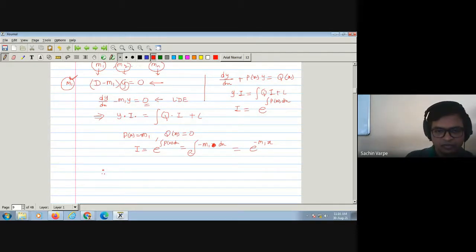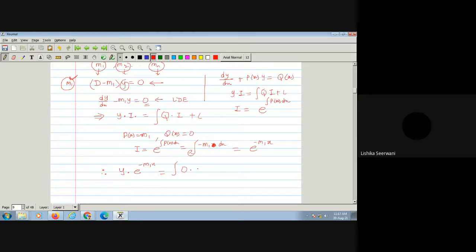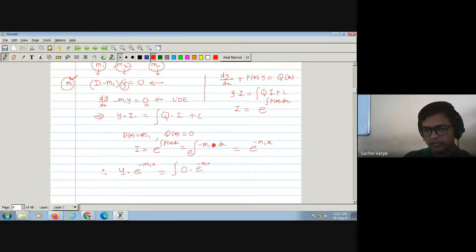Therefore the solution becomes y into e to the power minus m1x, please correct me if I am wrong, is equal to integration of q. What is q? Q is 0. So 0 into the integrating factor, e raised to minus m1x, plus the constant of integration. So this integration will be 0, and that is just c.